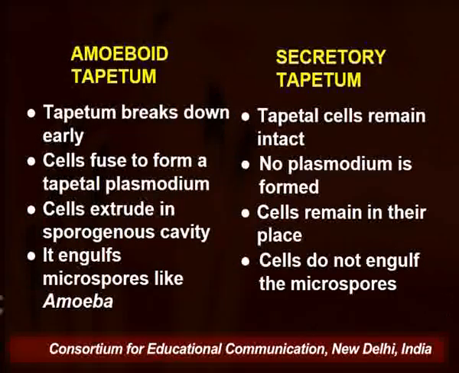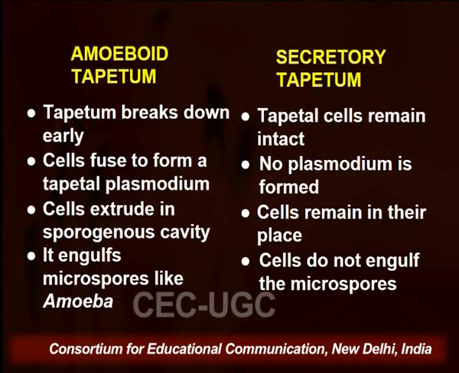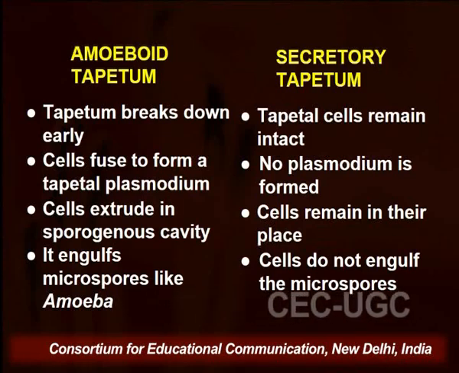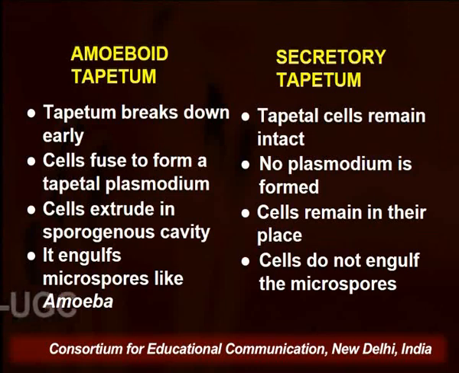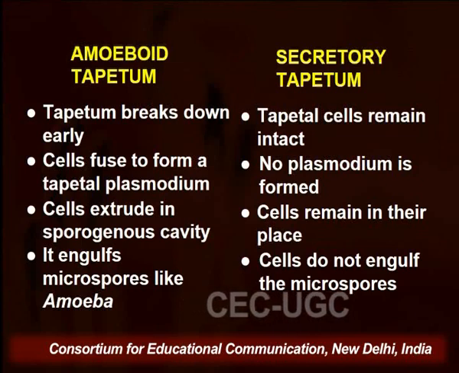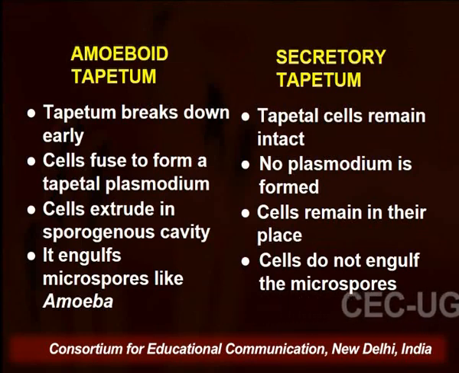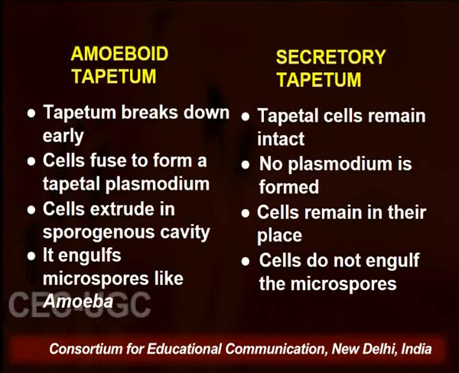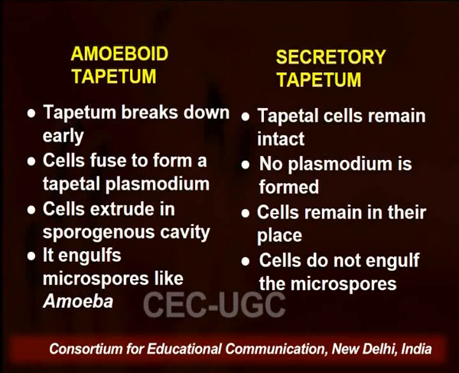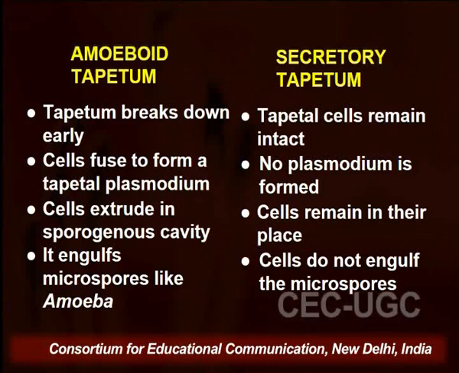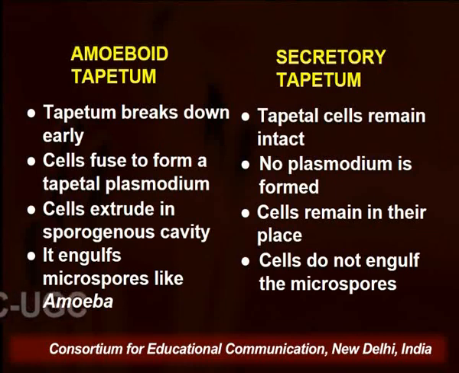Now, just a recap of the two types of tapetum that we have talked about, the amoeboid and the secretory tapetum. In amoeboid tapetum, the tapetum breaks down early. In secretory tapetum, the tapetal cells remain intact till the maturity of the anther. In amoeboid tapetum, the cells fuse to form a tapetal plasmodium, whereas no such plasmodium is formed in the secretory tapetum.